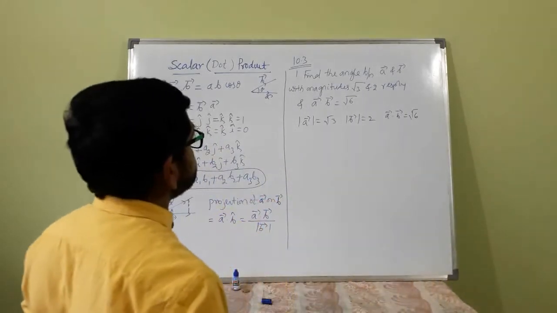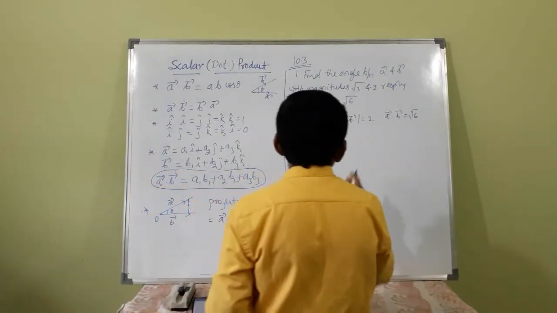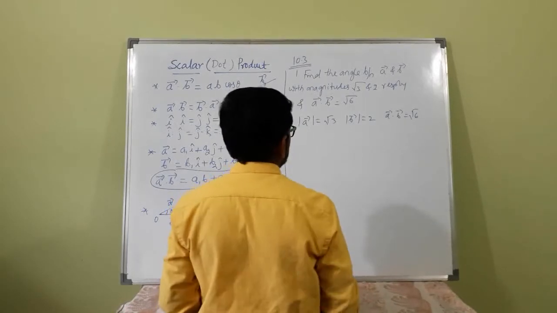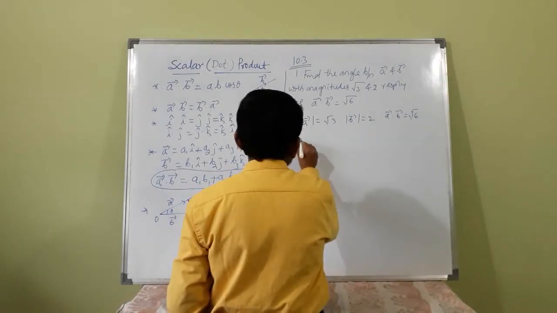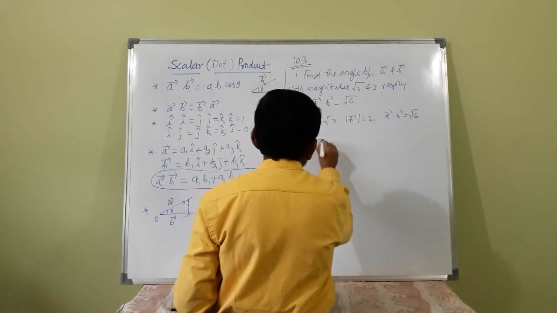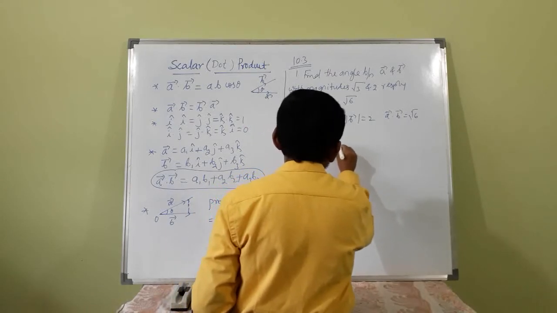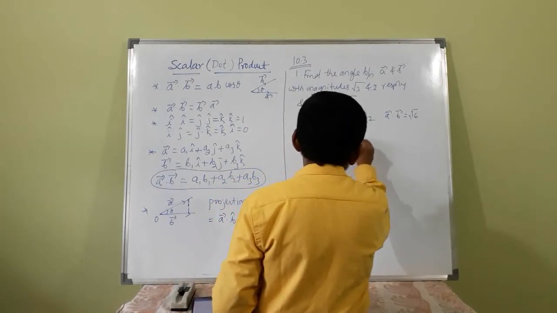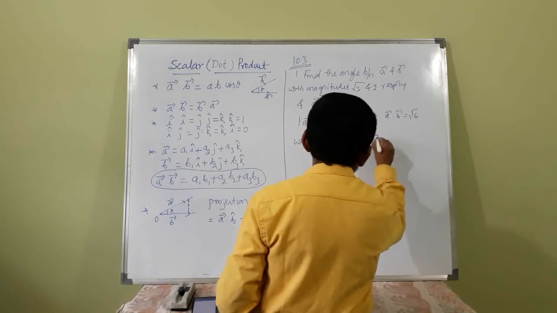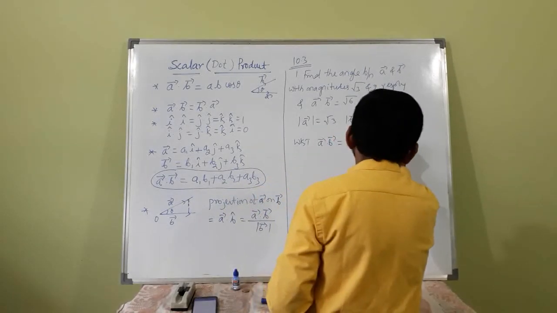We are asked to find the angle. You know that A dot B is equal to magnitude of A, magnitude of B into cos theta.